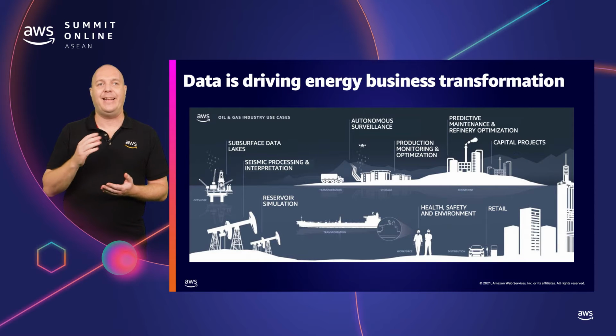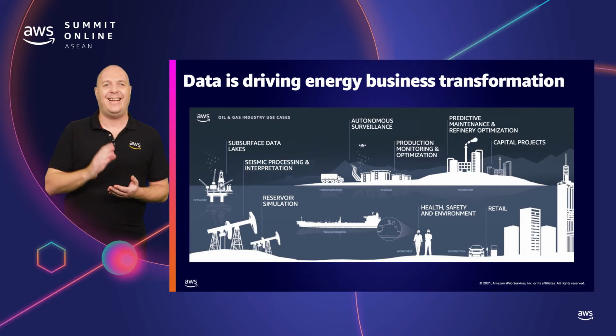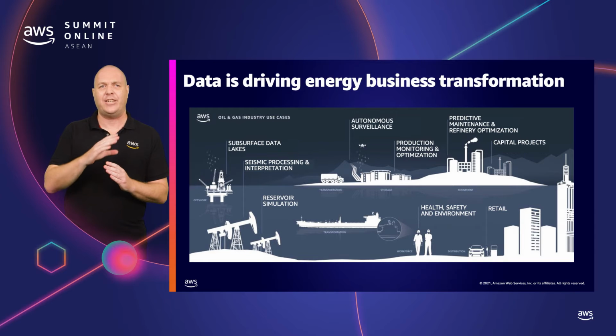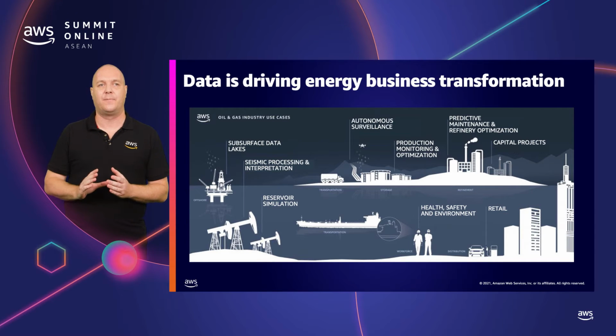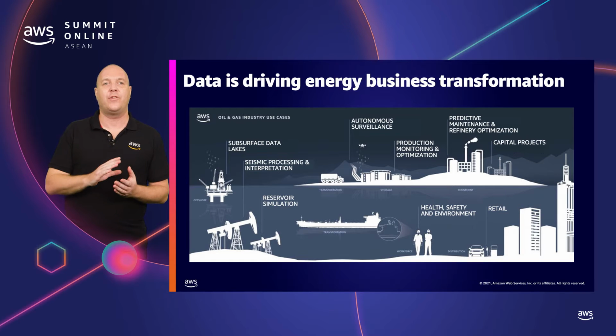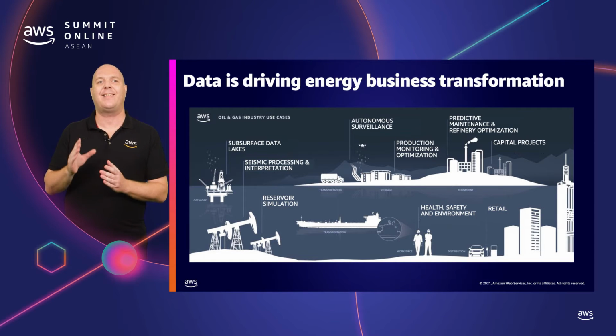Data is transforming the energy industry. In this slide, you see a visualization of areas in the oil and gas industry where data plays a role. Modernizing the energy industry with data-driven solutions helps make businesses less carbon intensive and accelerates the development of renewable energy businesses.